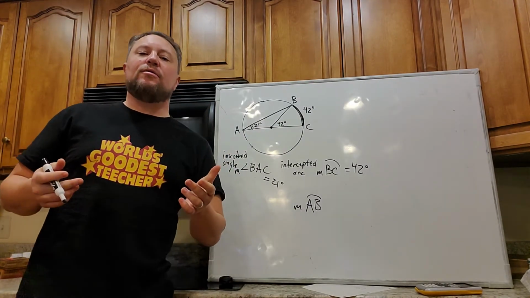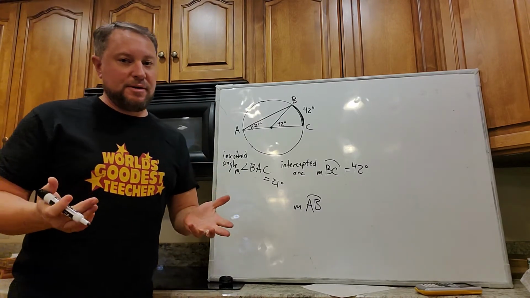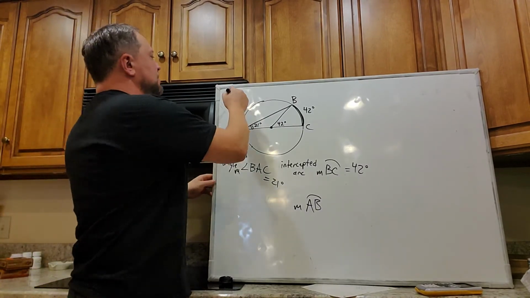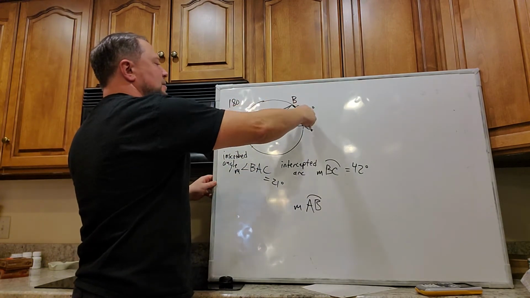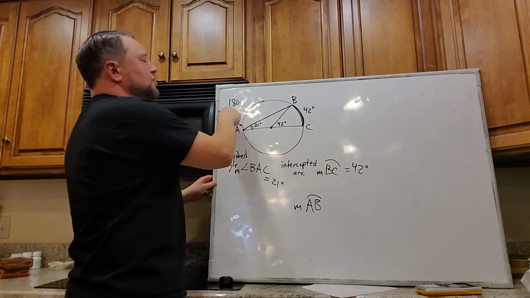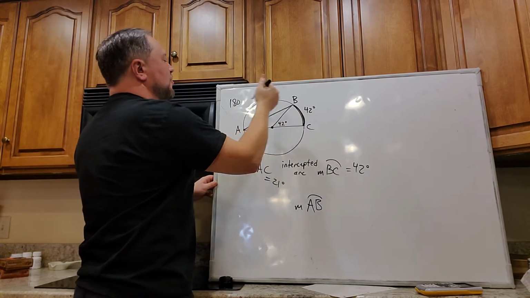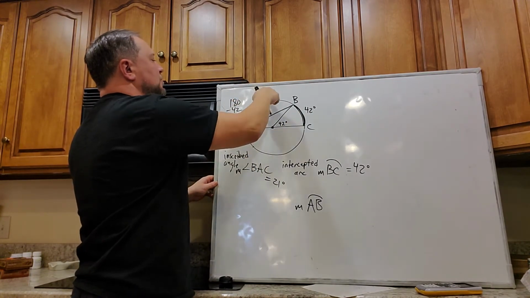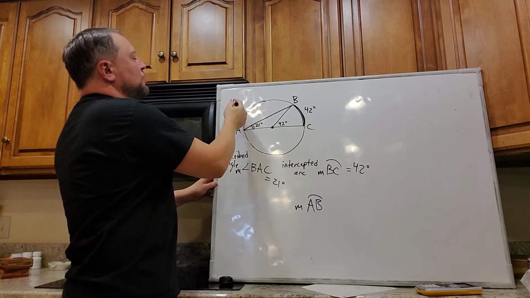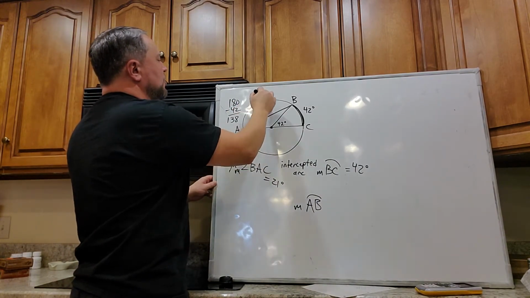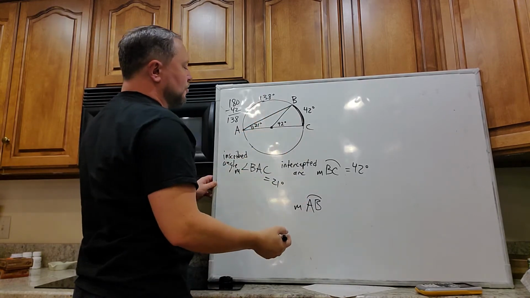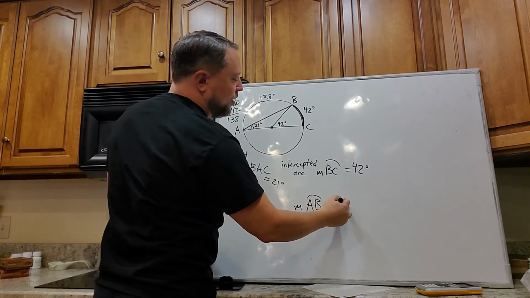And half of a circle is how many degrees? 180, yes. So if all the way from A to C is a semicircle, 180, take away 42, and that's what's left here. So 42 taken away from 180 leaves you with 138 degrees for the measure of arc AB.